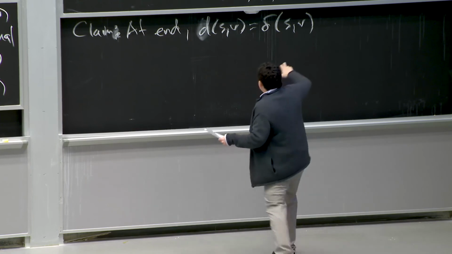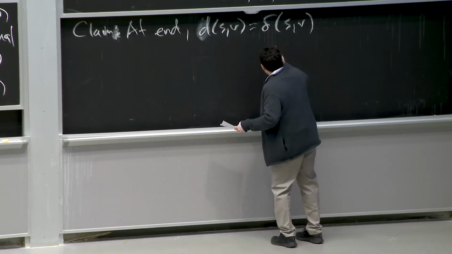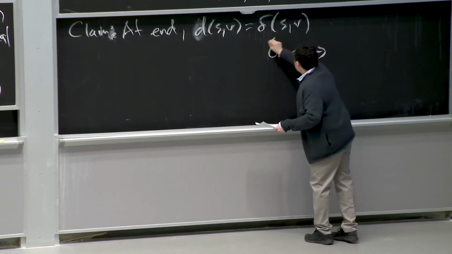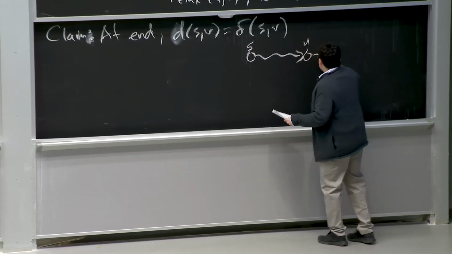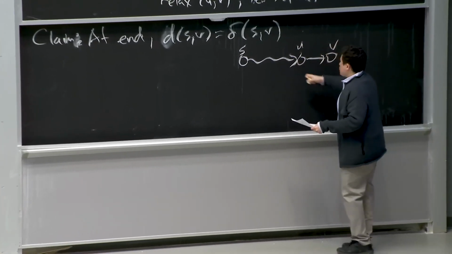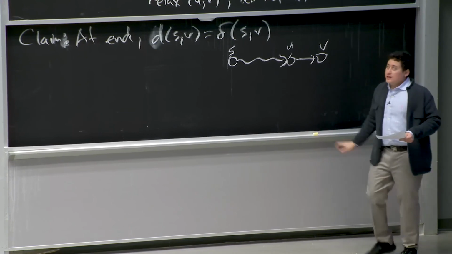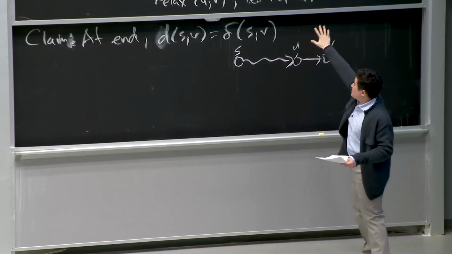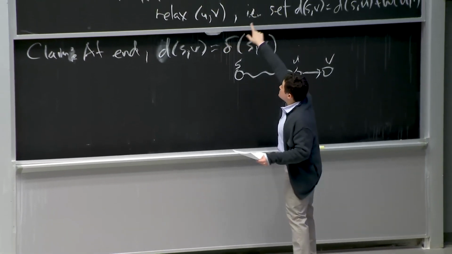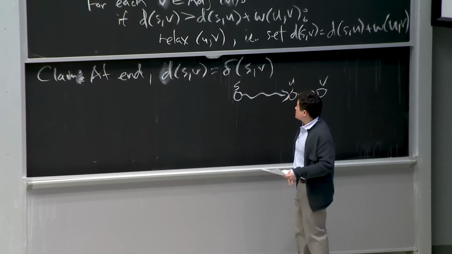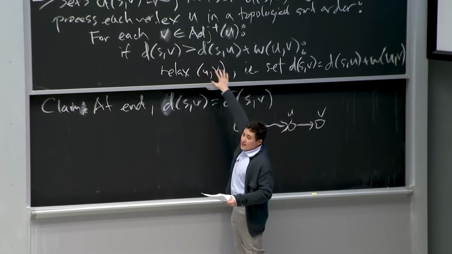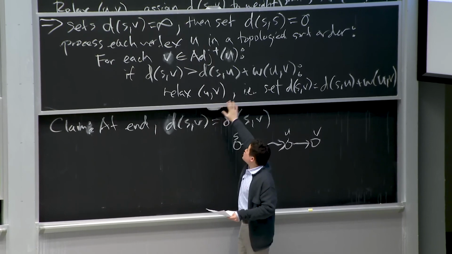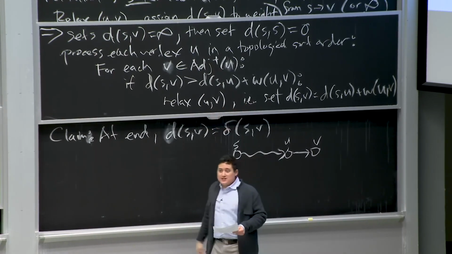So when we processed U, on the path S to U to V, in DAG relaxation, we processed the vertex and looked at all its outgoing adjacencies, and we would have relaxed this edge to be no greater than that shortest path distance.